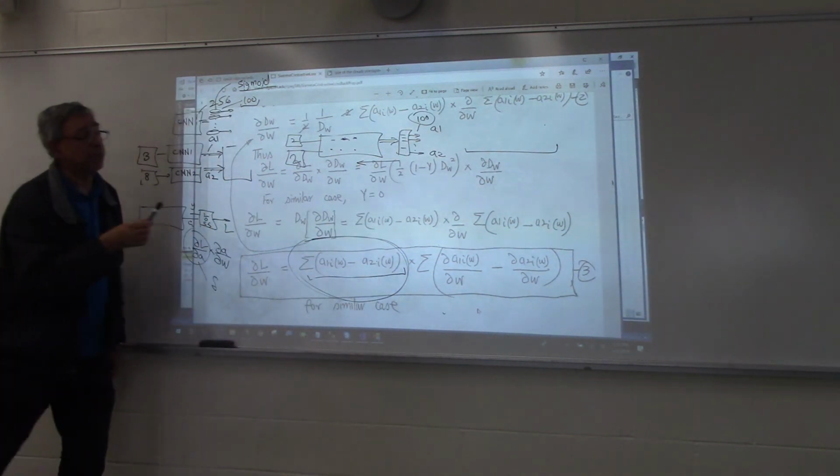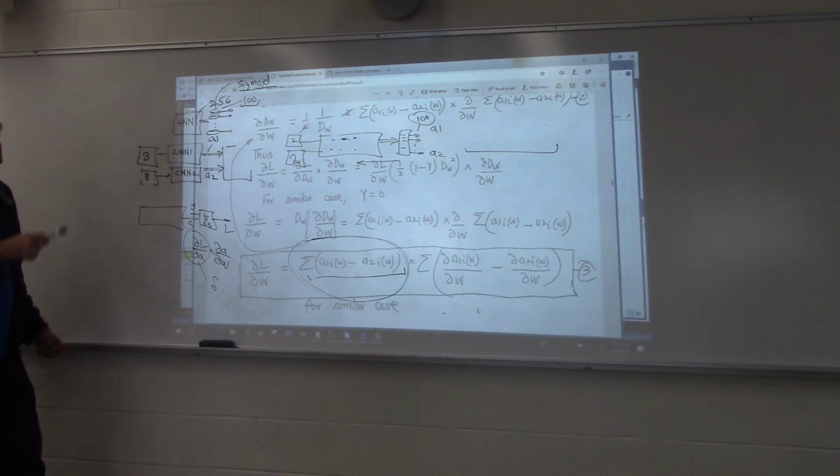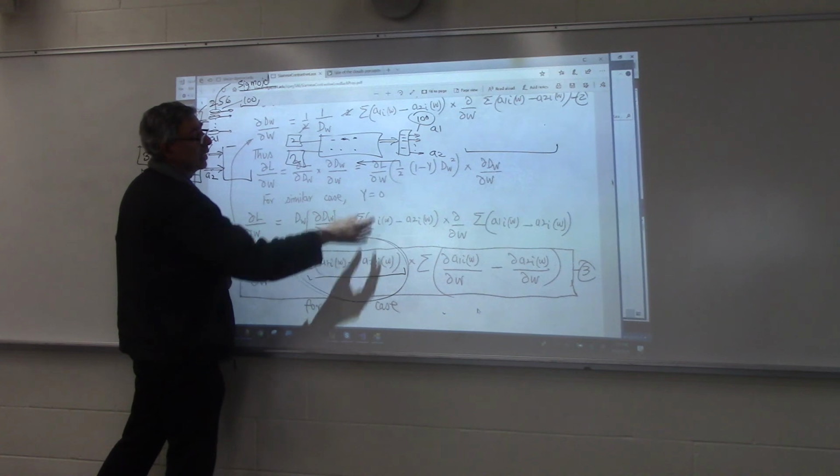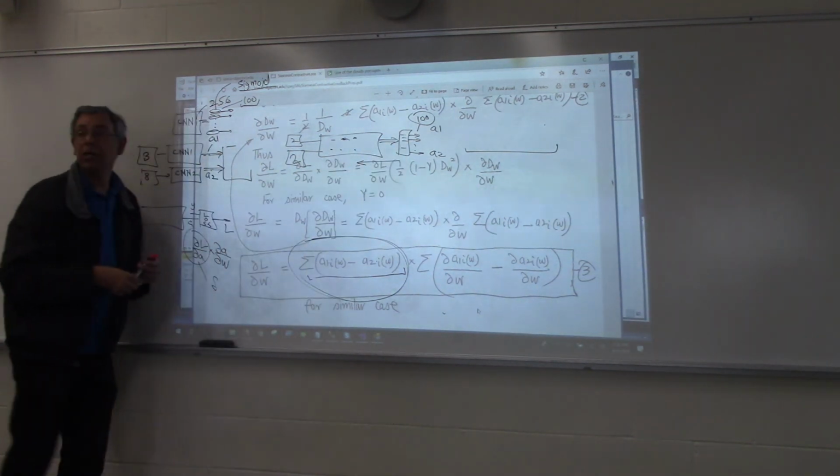So for the delta part, it will be the difference of the two. First, you store it in one, and second also you store, then you take the difference. So if it's sigmoid, it will be A1 times 1 minus A1, A2 times 1 minus A2, and then you take the difference, and then that becomes the delta over here.